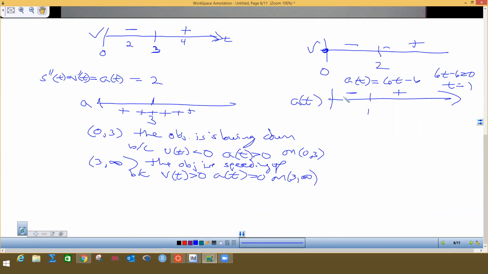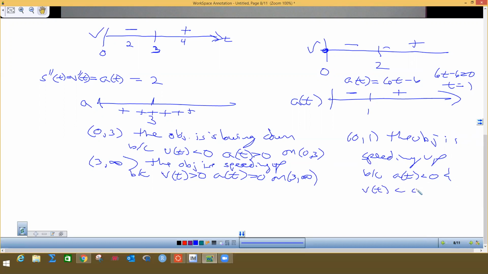So since these are both the same sign, we would say from 0 to 1, the object is speeding up because a of t is less than 0 and v of t is less than 0 on the interval 0 to 1.